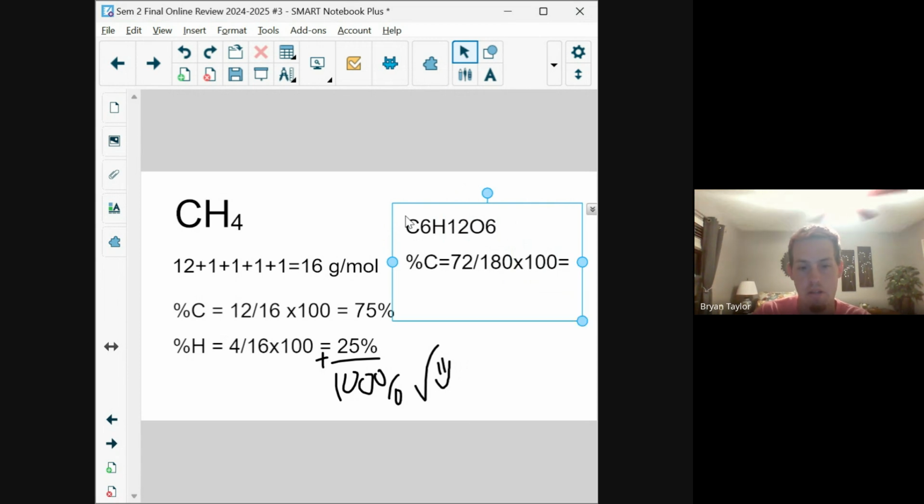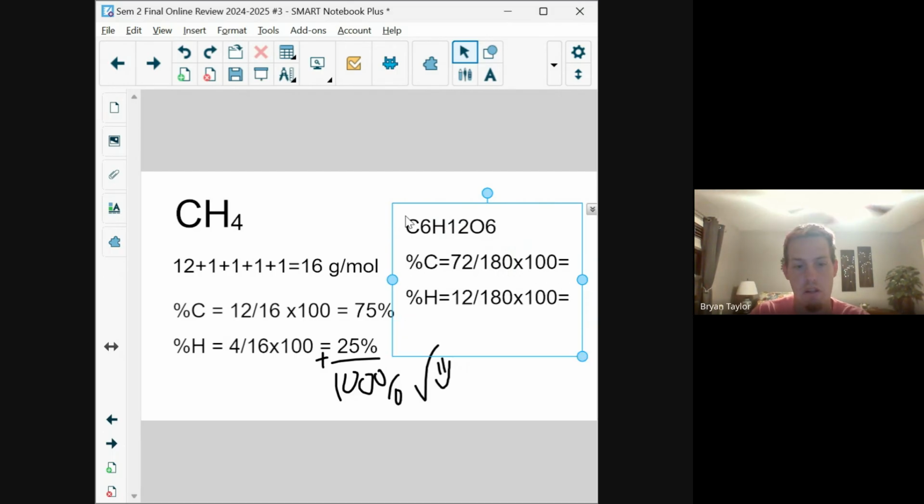The percent of hydrogen is 12 divided by 180 times 100. And the percent of oxygen is, that should be 96. And then whatever those numbers are.